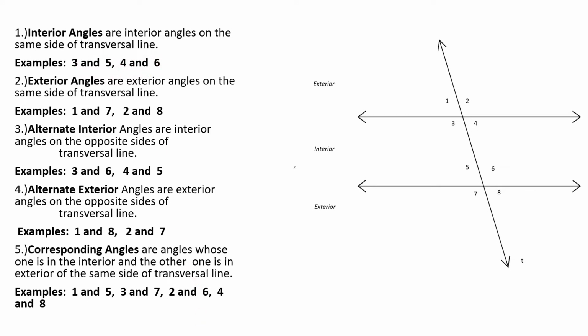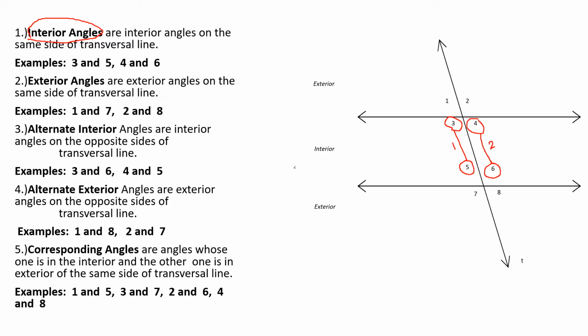We have angle 3 and angle 5, and then the next pair, angle 4 and angle 6. This is pair number 1 and this is pair number 2. So we have there our interior angles.